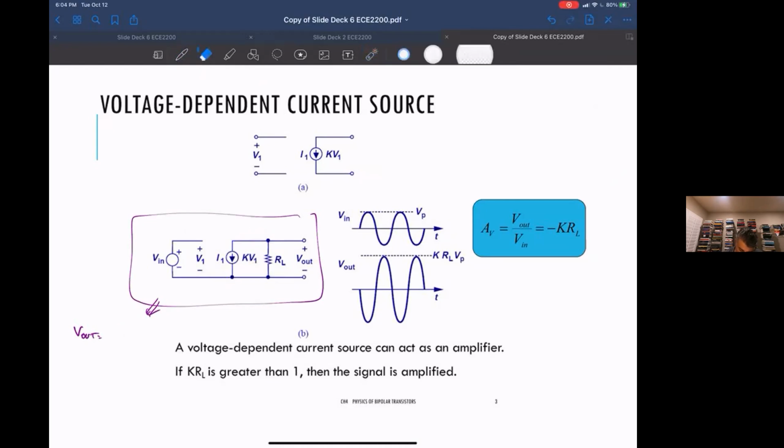So we're looking at minus I sub 1 times R sub L, right? There's no other current except this guy, and this guy is pulling current up from the resistor R sub L. So I get this negative I sub 1 times R sub L. Okay, and then I can substitute K V sub 1 for I1.